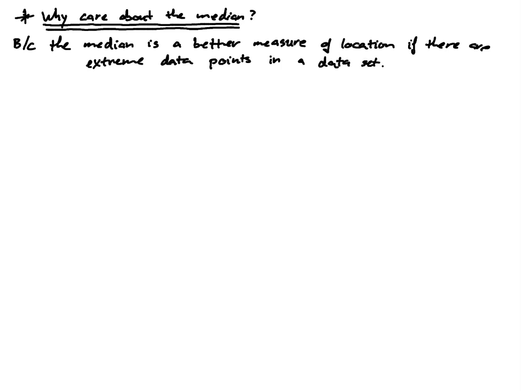Okay, so let's look at a quick example. Suppose I have income at a small firm. Let's say I have salary in thousands of dollars, and then I have the number of employees earning those salaries.